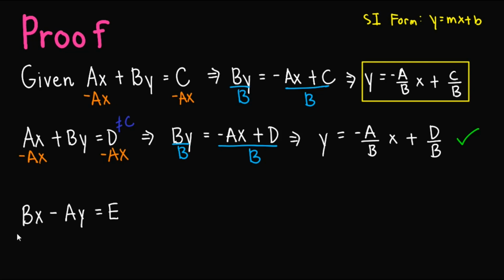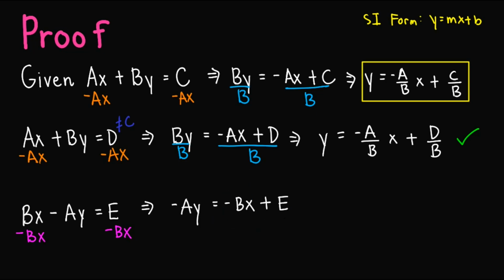We subtract bx from both sides since, again, our goal is to isolate y on one side of the equation. This would give us negative ay equals negative bx plus e.